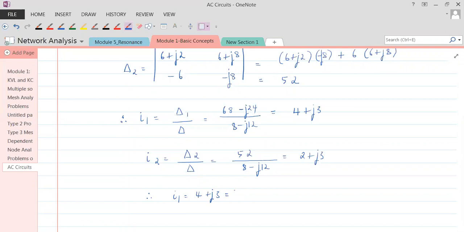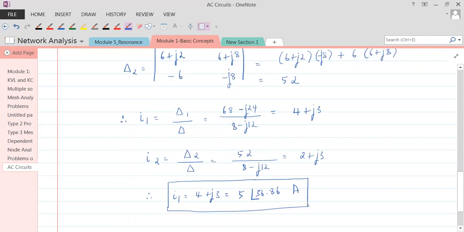In r theta form this is 5 at an angle of 36.86 degrees amps. So let's put this in both forms, rectangular as well as polar form.